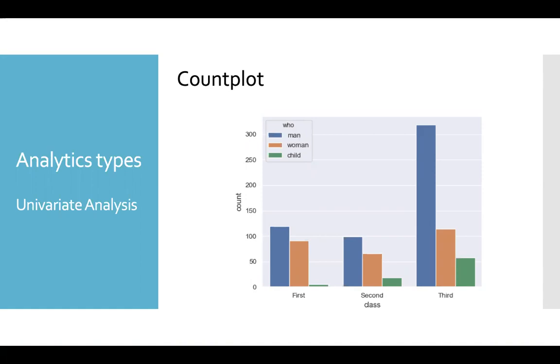However, you can see that in most of the cases the men are higher in terms of number, and in third standard or third class or third level, you can see that the quantity of males is almost triple of the female and the kids. However, I also noticed that most of the kids go into third class, right?